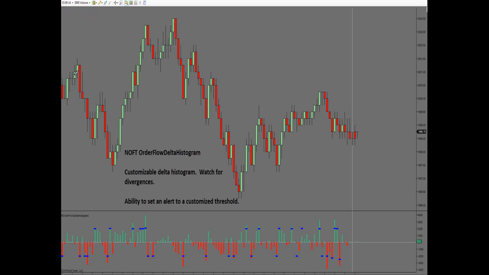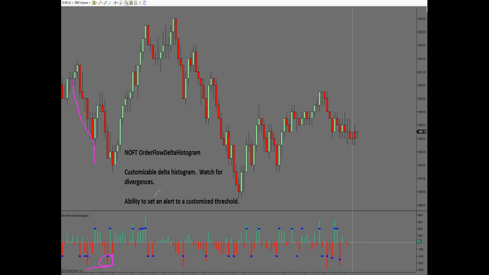As we came down on the ES, you can see that we actually made a higher low on the delta histogram. That is something to keep in mind if you like to trade divergence. This is a nice histogram.